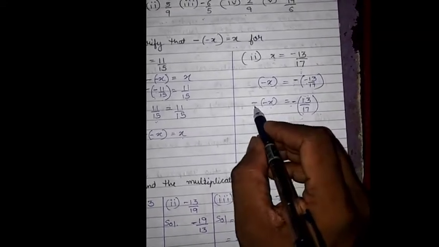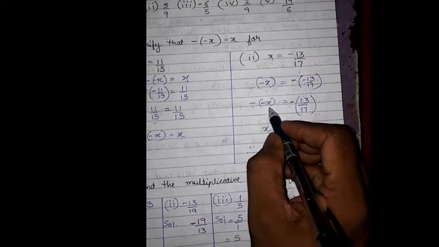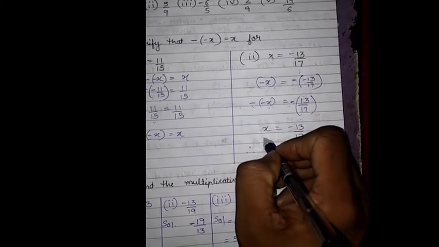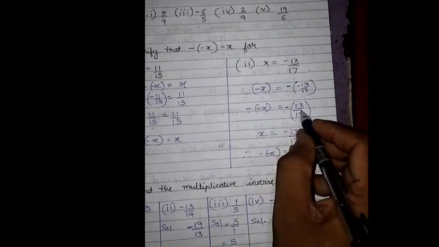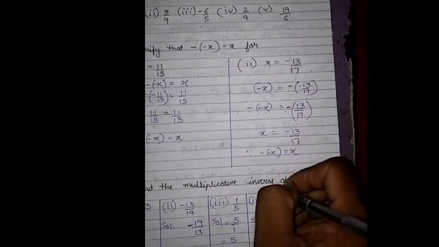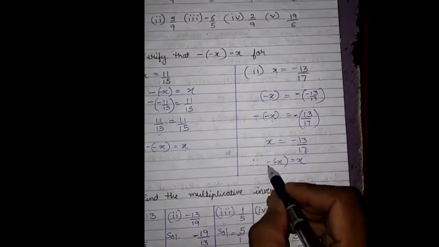Now the value of minus x is going to become x. So now the value of this x will become negative 13 upon 17. So that means we can say that minus x is always equal to x. See here, the value of x is minus 13 upon 17, and the value which is given in the question is also minus 13 upon 17.